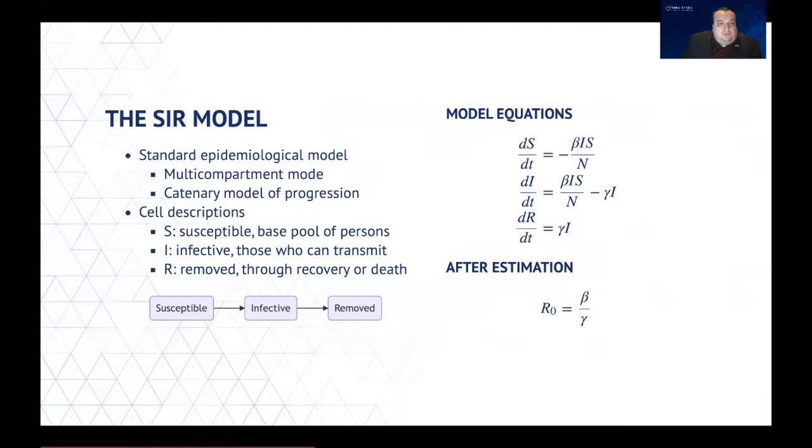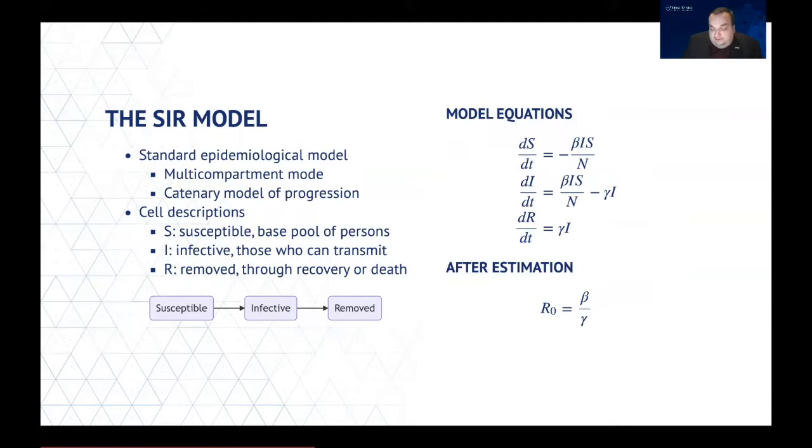For this, we're going to use a basic SIR model for analysis. The SIR model is a standard epidemiological model. It's a catenary model of progression, as you can see in the image below. There are 3 compartments that this is based on. The first, S, is the susceptible compartment, the base pool of all people available in the population. The I compartment are those who are capable of infecting others.